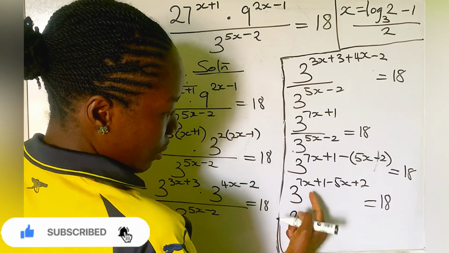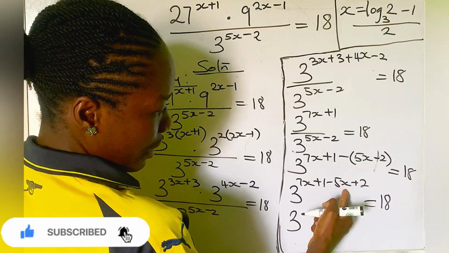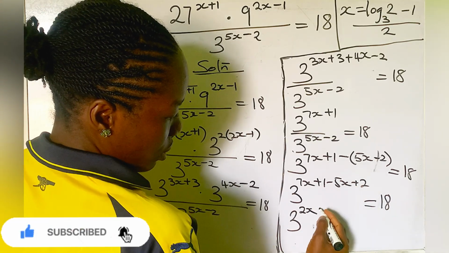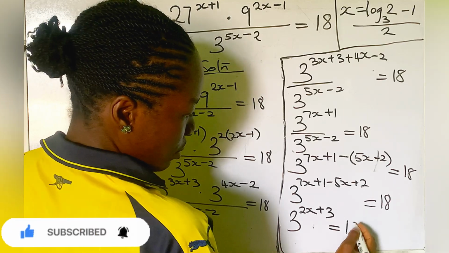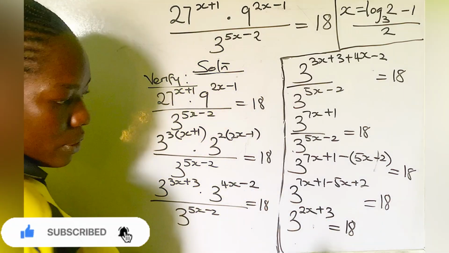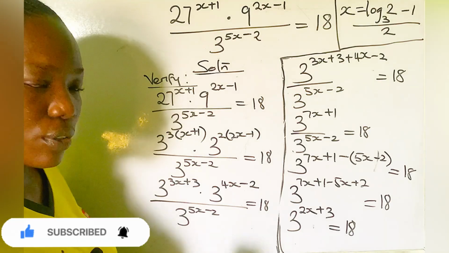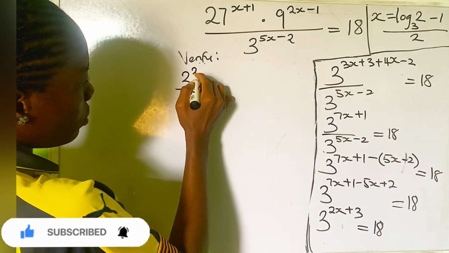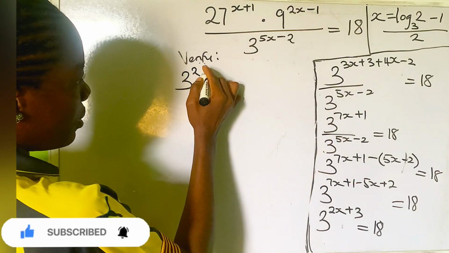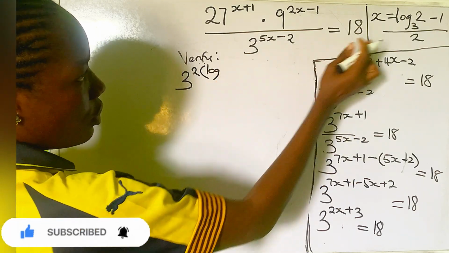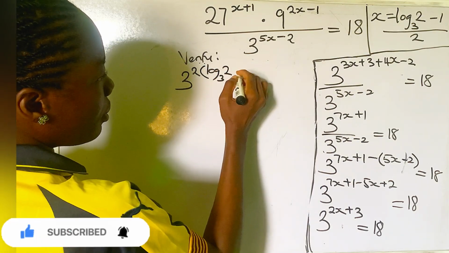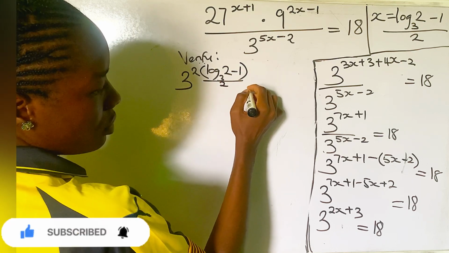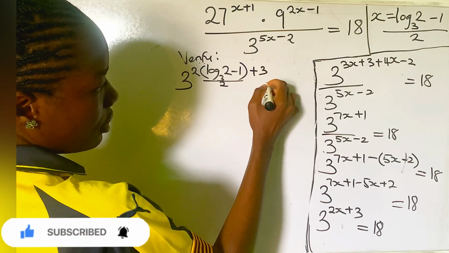So we have 3 to the power of 7x minus 5x, which gives us 2x, and 1 plus 2 is 3. That's equal to 18. So now you see that at this point you can actually introduce our value of x. So now we have 3 to the power of 2, and our x is log 2 base 3 minus 1 over 2, plus 3.